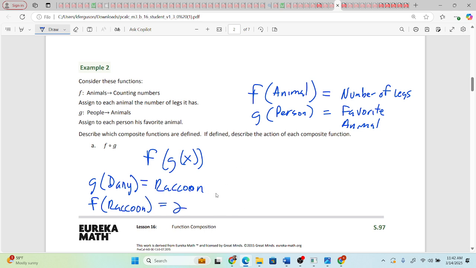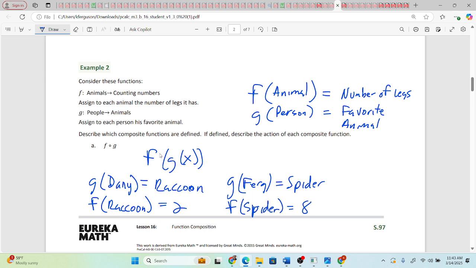Does everybody understand? Okay, just for the sake of argument, I'm gonna say my favorite animal is a spider. And we can argue animals aren't insects, whatever. So g of Ferg is spider, and if I put f of spider, I get 8. Does everybody follow me?